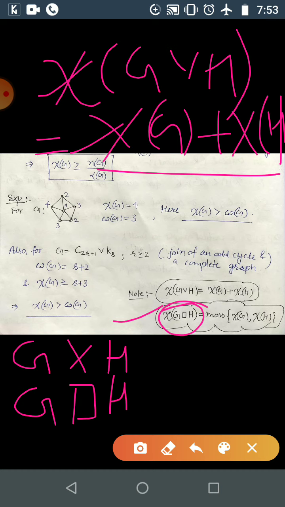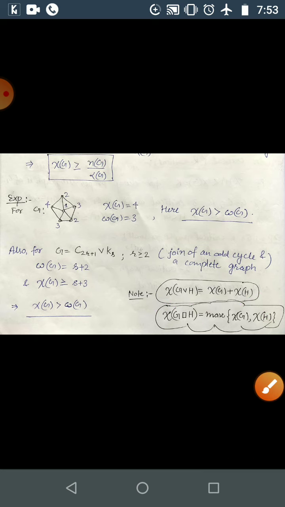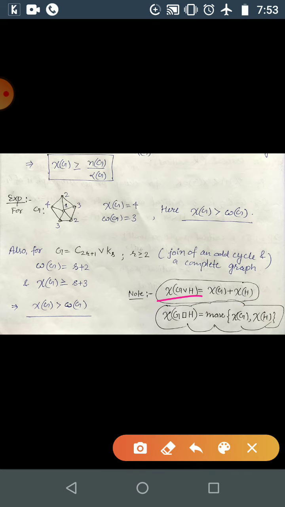For this, the chromatic number will be the maximum of the chromatic numbers of G and H. So for join, it's the sum of both chromatic numbers, and for the Cartesian product it's the maximum.